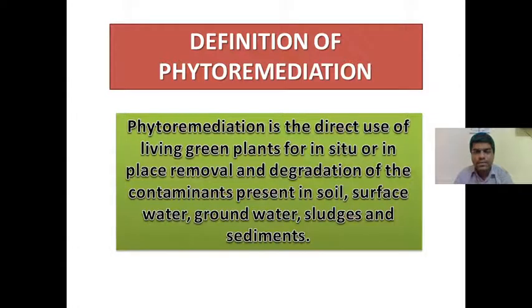So what is phytoremediation? Phytoremediation is the direct use of living green plants for in situ or in place removal and degradation of contaminants present in soil, surface water, groundwater, sludges and sediments. Phytoremediation is a word made up of phyto and remediation.